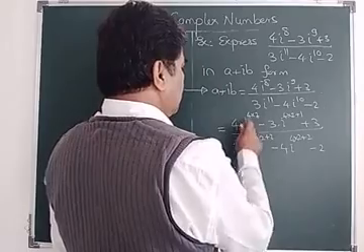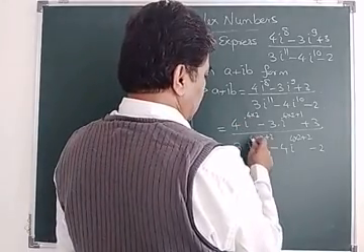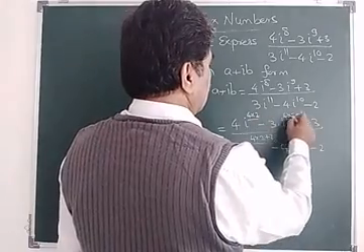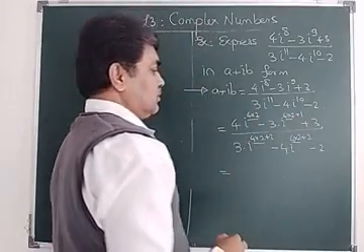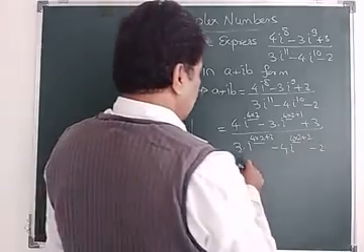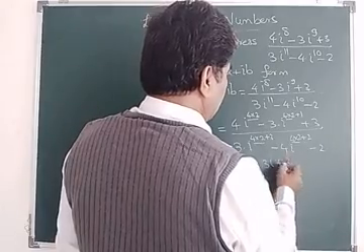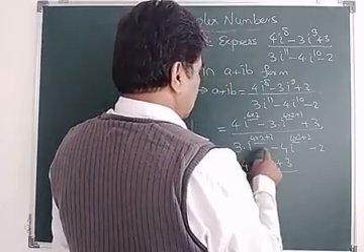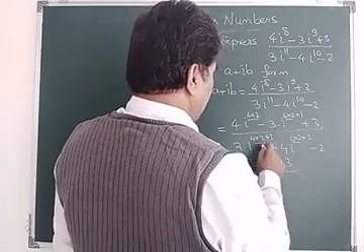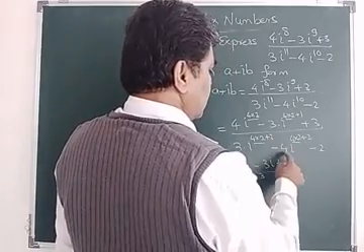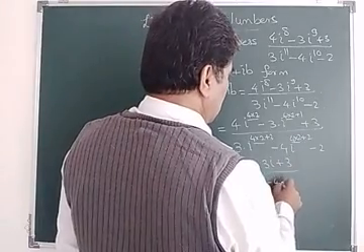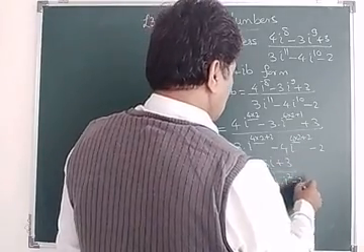And i raised to 4 power gives us 1. So this will become 4 minus 3i plus 3 upon 3 into i cube, minus 4i square, minus 2.